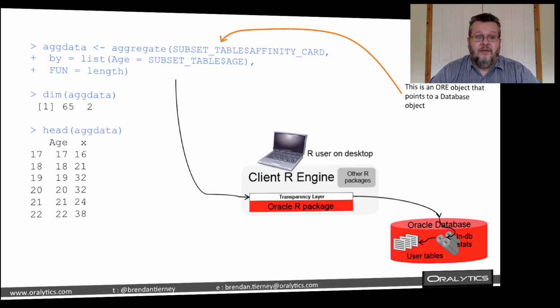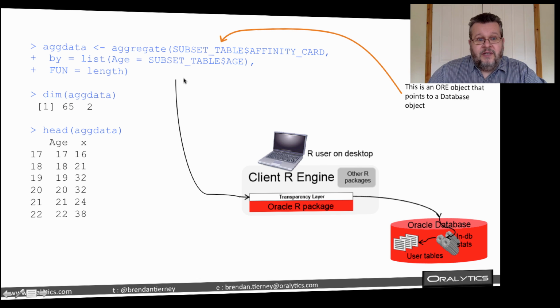And I'll come back to that. So let me give you a quick example of taking a bit of R code. Here we have a bit of R code where we want to do some aggregation based on some data that we've defined. This is a pointer to an object in the database, and we want to do some aggregation by looking at some data based on an affinity card, and aggregating by age.